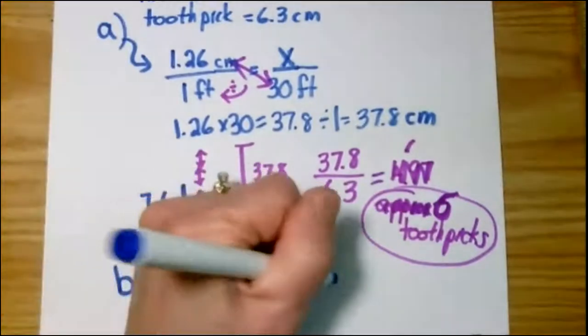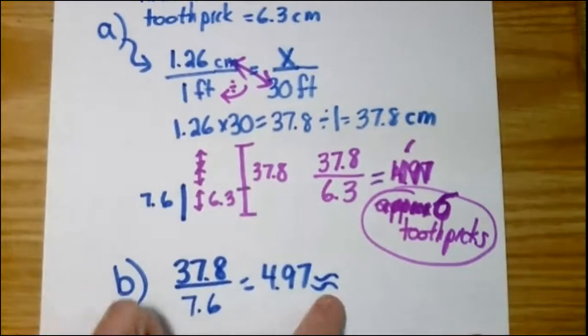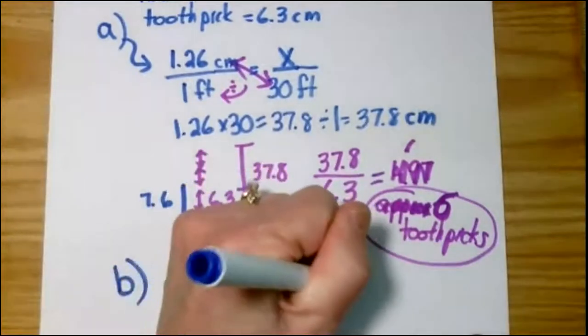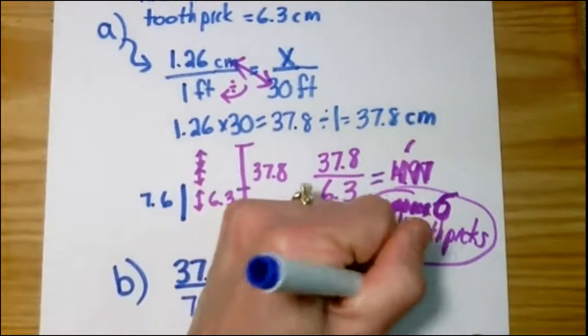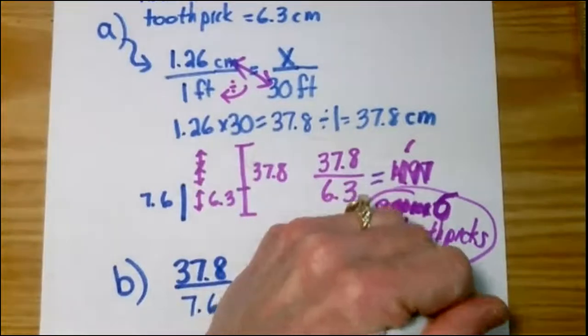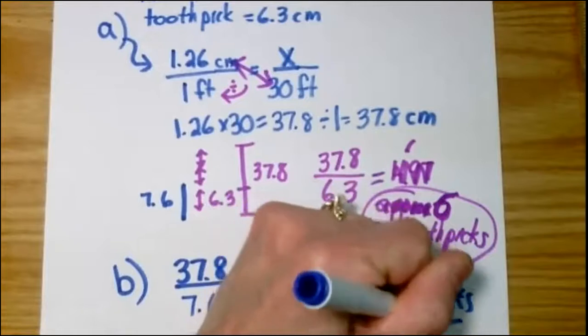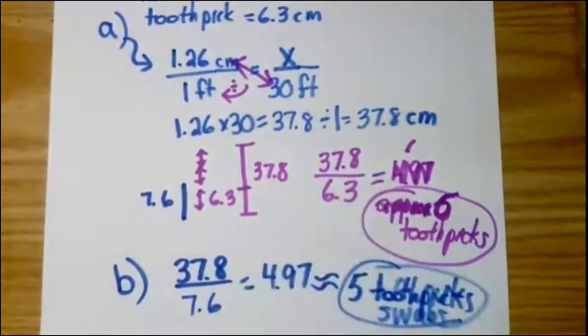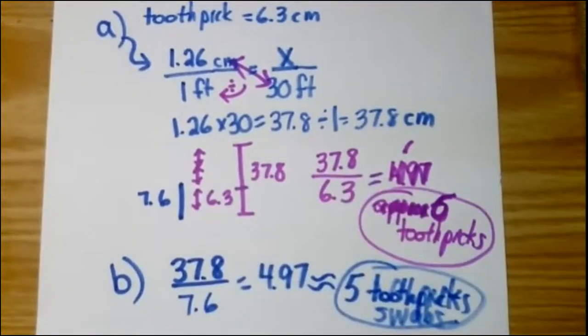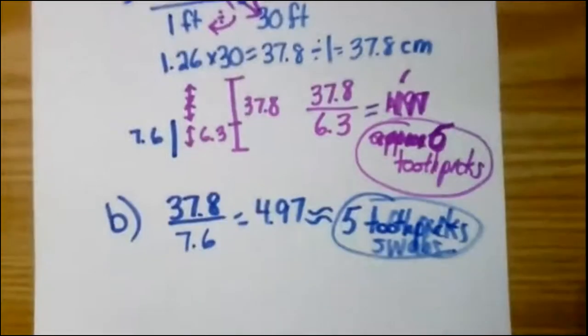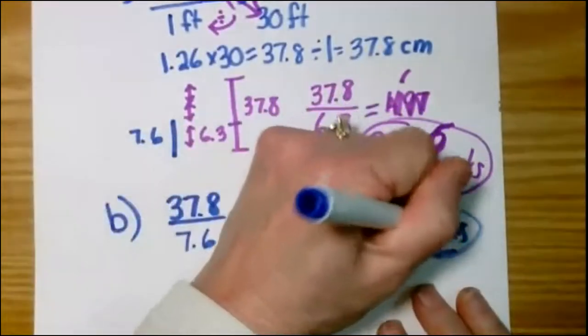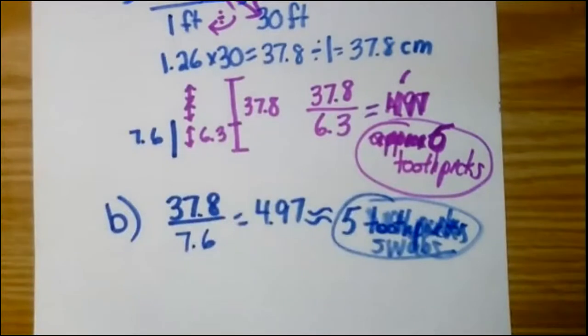So that's approximately, that means approximately, by the way, in math, approximately 5 toothpicks. So it should be a little less than, I mean, not toothpicks, swabs. So you should have a little bit less swabs than toothpicks. Messy. Get rid of this. Okay, so that one I did for you.